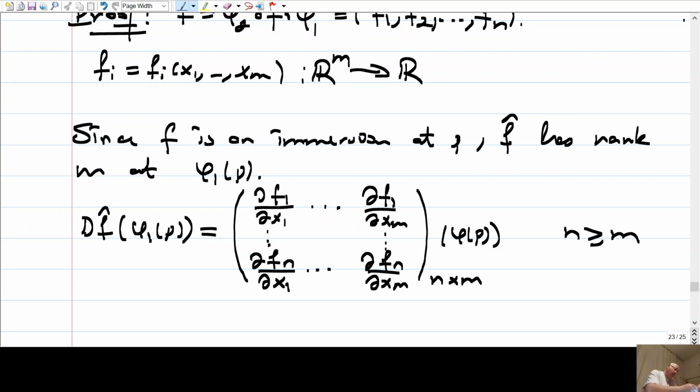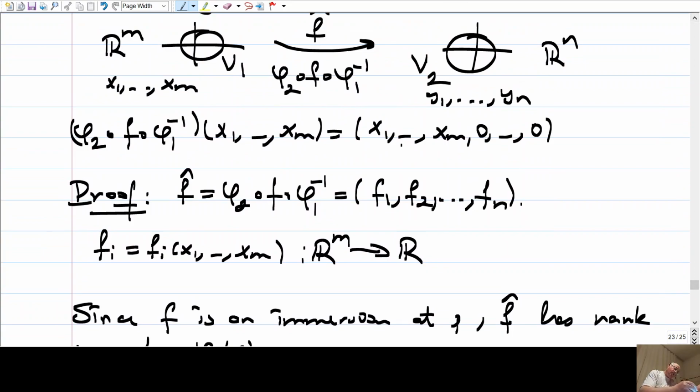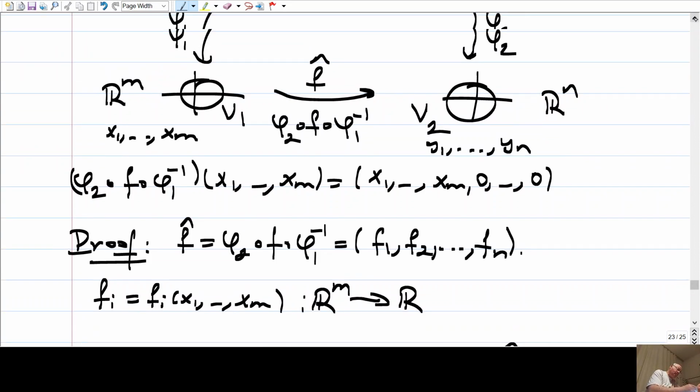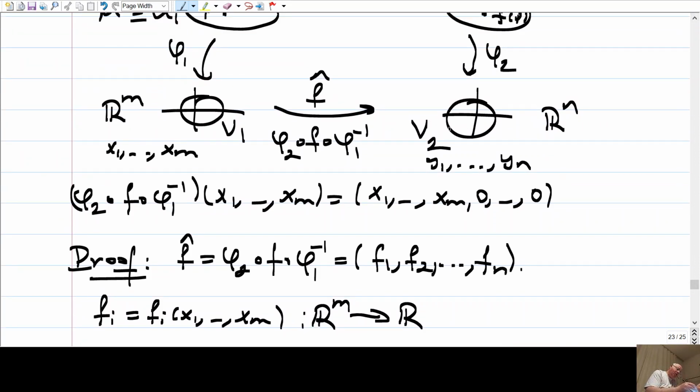Permuting the coordinates is equivalent to permuting the fi's, because the coordinates on Rn are y1, y2, up to yn. So if I permute the coordinates, this means I actually change this coordinate system by another diffeomorphism.